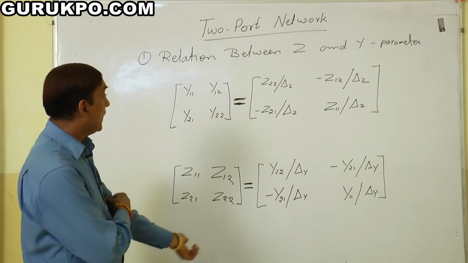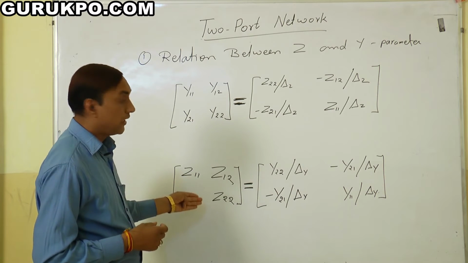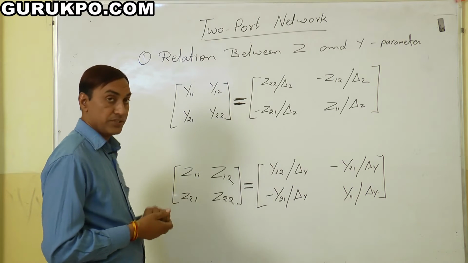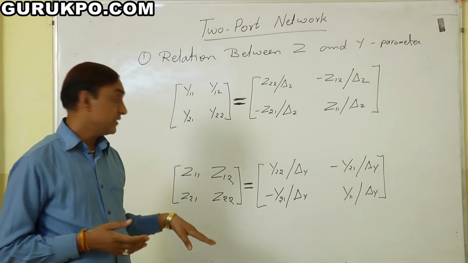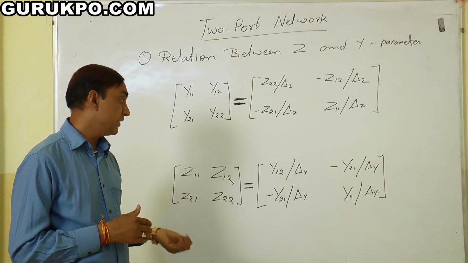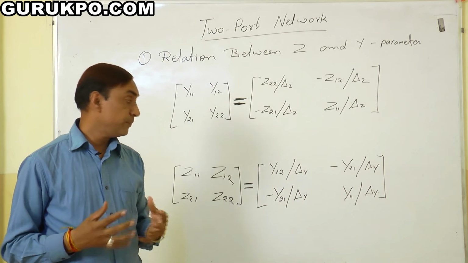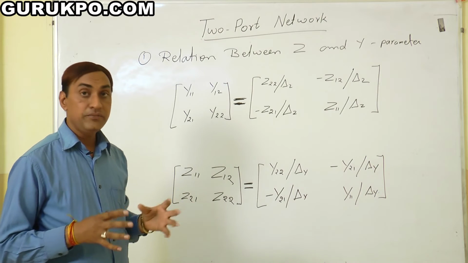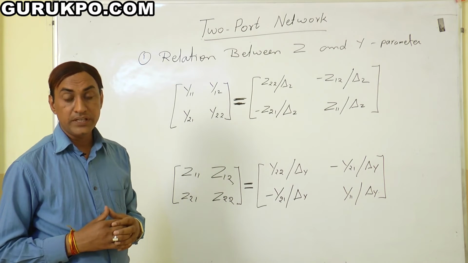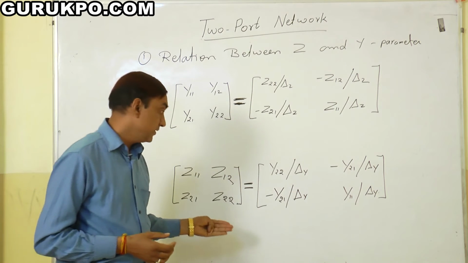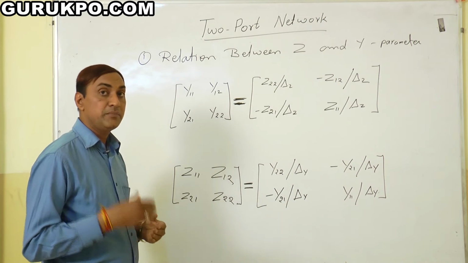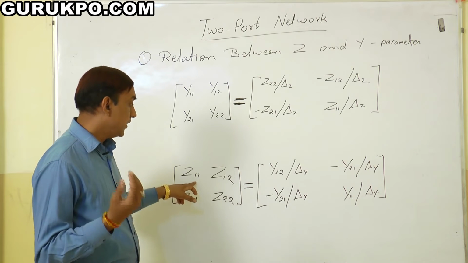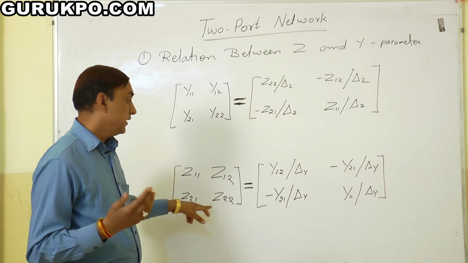In the other direction, we also see how to get the Z parameters from Y. In the previous lecture we discussed some equations of the Z parameters, and we also saw some equations of the Y parameters. With some mathematical calculation we get the final result for the Z parameters in terms of Y, in a very easy matrix form: Z11, Z12, Z21 and Z22.